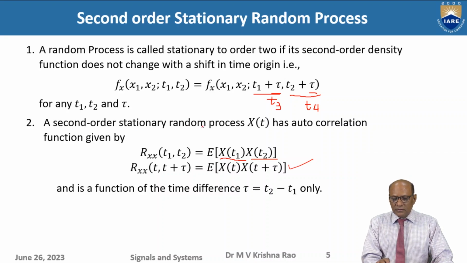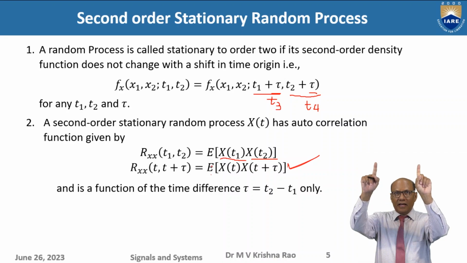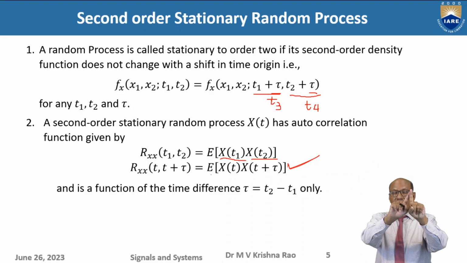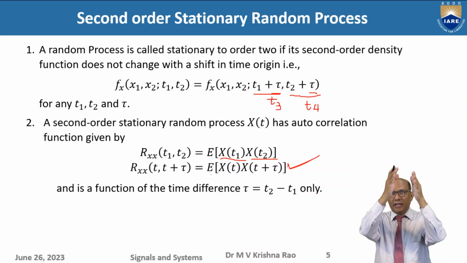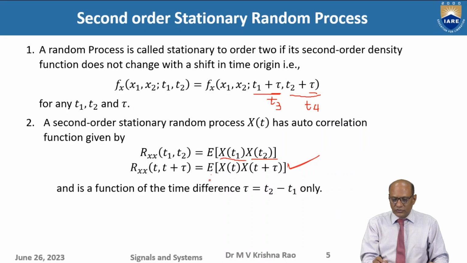So a second order stationary process has an autocorrelation function given by this expression. Why am I using the expectation here? Because after multiplying these two processes, you take the ensemble average, as these are averages over ensembles. This multiplied by this multiplied by this, all these things are products basically. Again, you are adding vertically. So that's why it is an ensemble average.